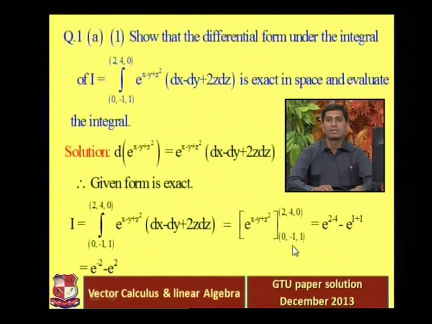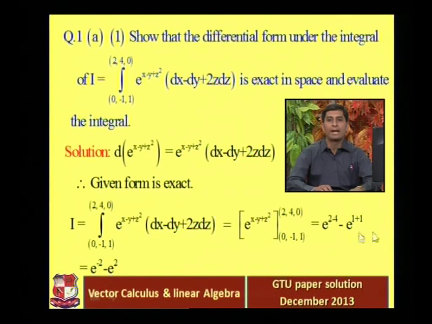Now the limits are from (0, -1, 1) to (2, 4, 0). First put (2, 4, 0) in place of x, y and z in this function. You will get e raised to (2 - 4 + 0), that is e raised to -2.